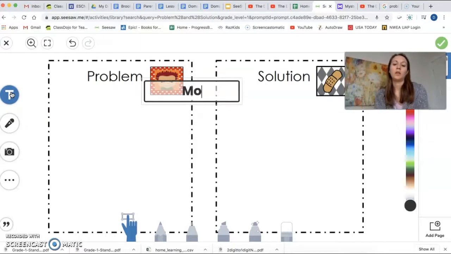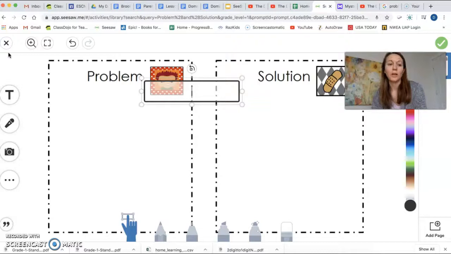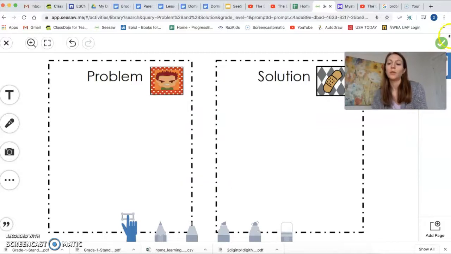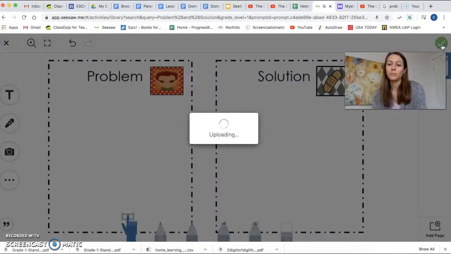So you can type in the characters' names and what happened in the story that was the problem and what happened that was a solution. And when you are all finished, remember to hit that green check on the top right hand corner of your page to submit it to me for review.